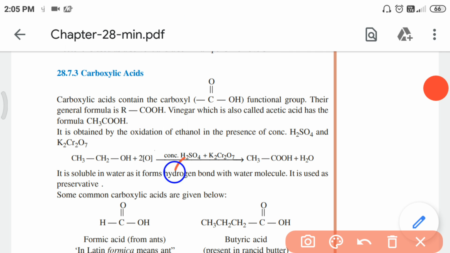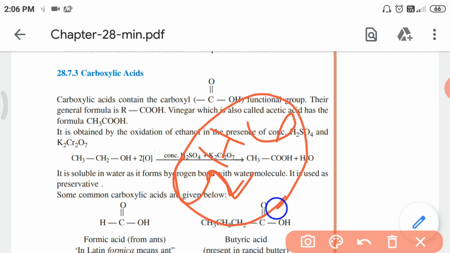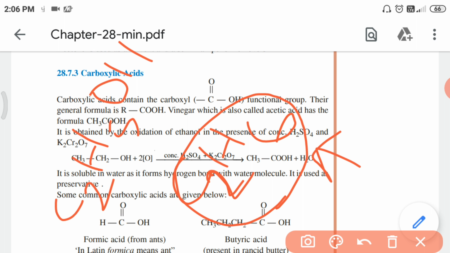It comes from C2H6. This ethane is changed to ethanol, C2H5OH.